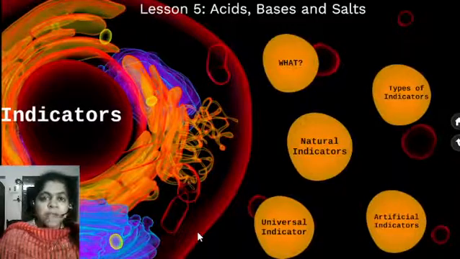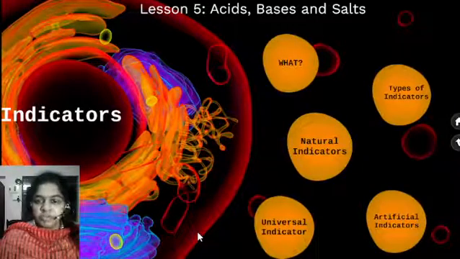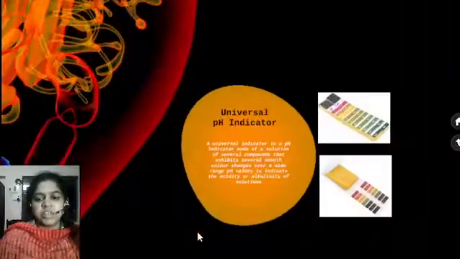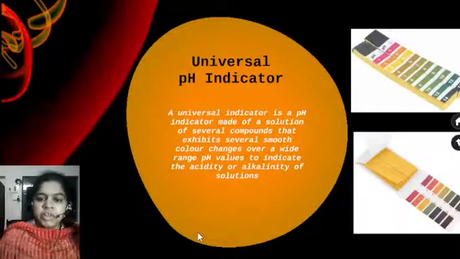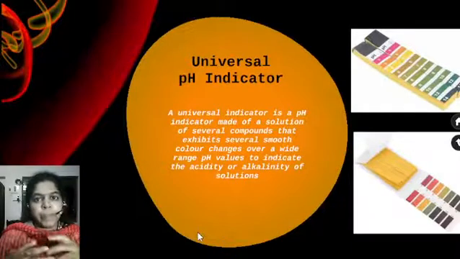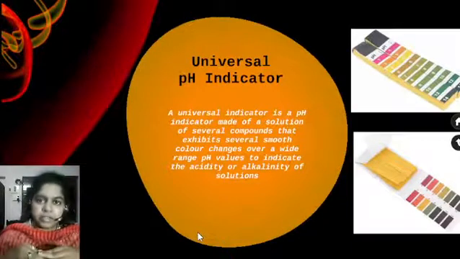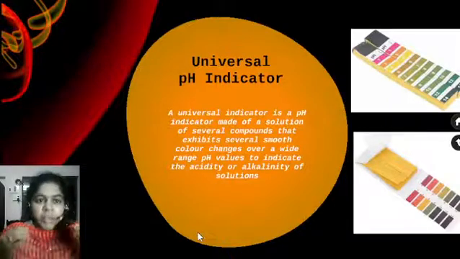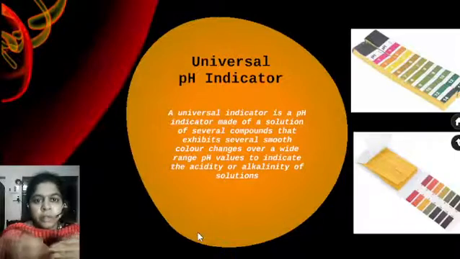Now we have one more indicator which needs to be discussed, that is the universal indicator. A universal indicator is nothing but the pH indicator or pH paper, which is usually prepared by mixing different types of chemicals, so that by using that single pH strip we can know the pH of the given solution.